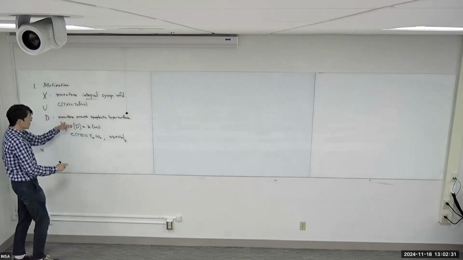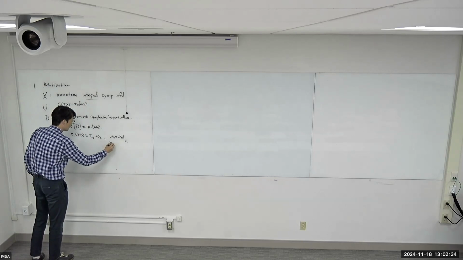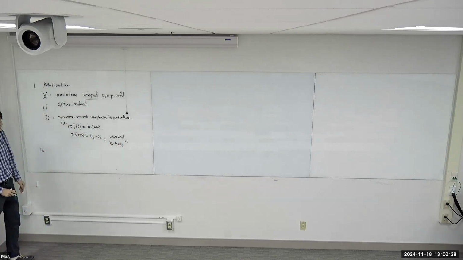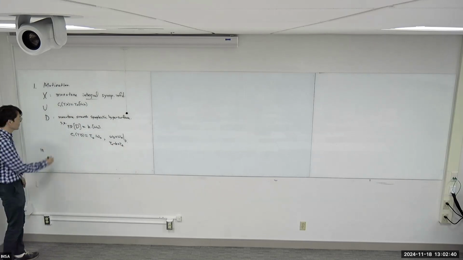And you can easily compute that tau X minus K is tau D, from the normal direction and tangent direction and so on.